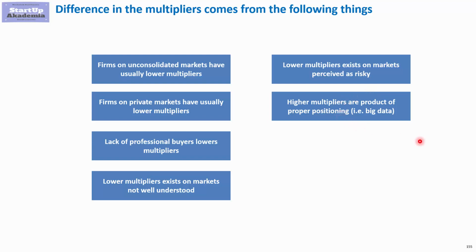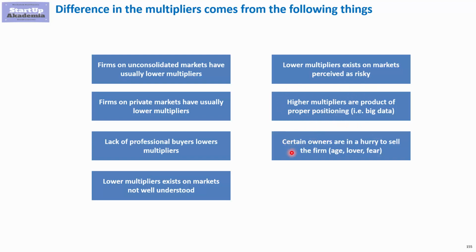Now it's big data, it's gaming, it's technological marketplaces and things like that. Previously, we had also a fad for dot-coms and this trend will obviously repeat. So in a sense, you can change the perception of the company. You can have a higher multiplier if you properly position your company as something more expensive.